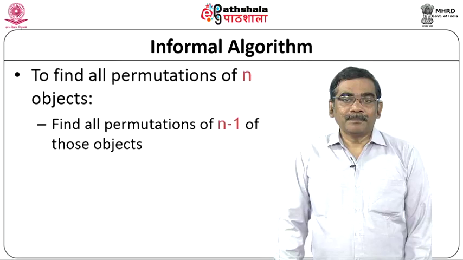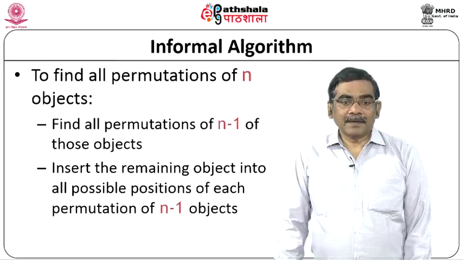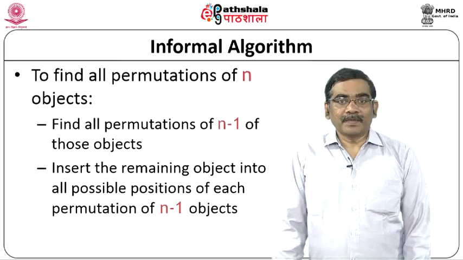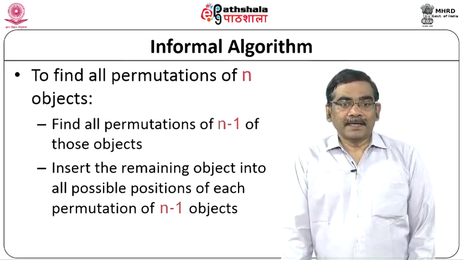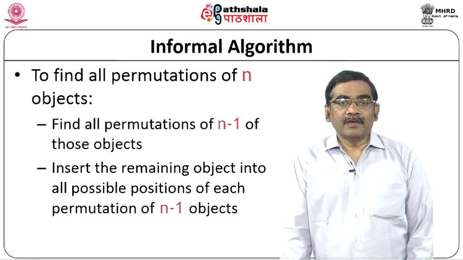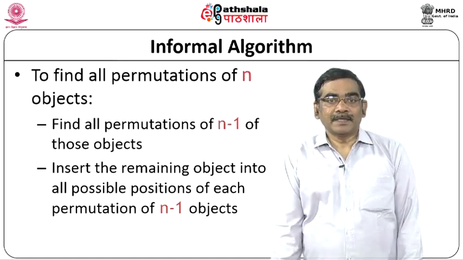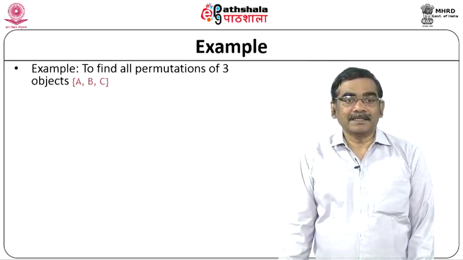That means we will find the permutations of n minus 1 objects, and the nth element we will insert into the existing positions of every permutation of the n minus 1 objects. So, this is what we discussed as part of the decrease and conquer strategy.